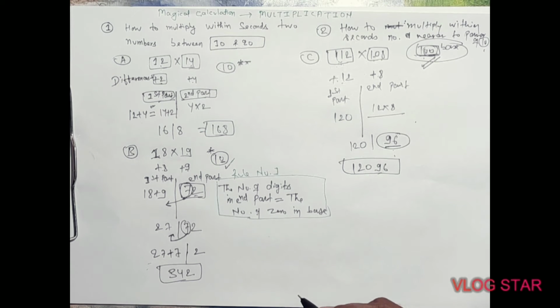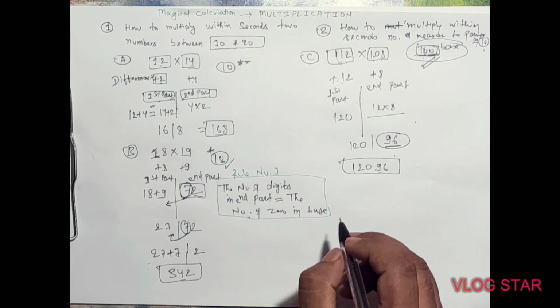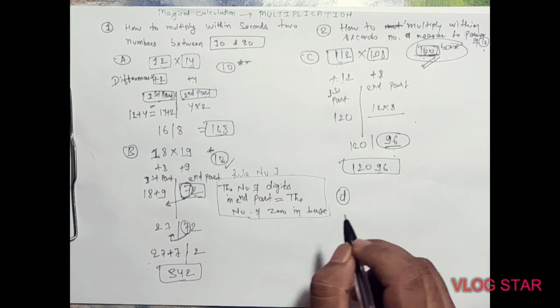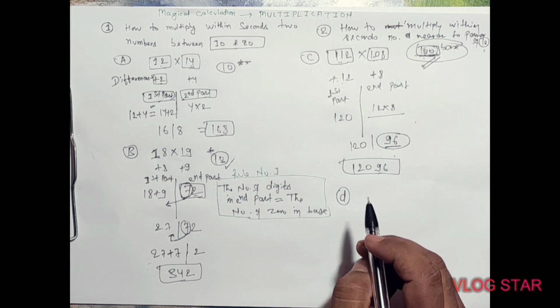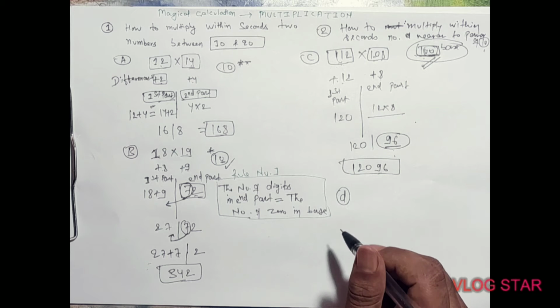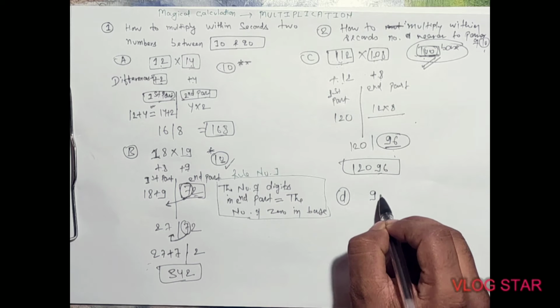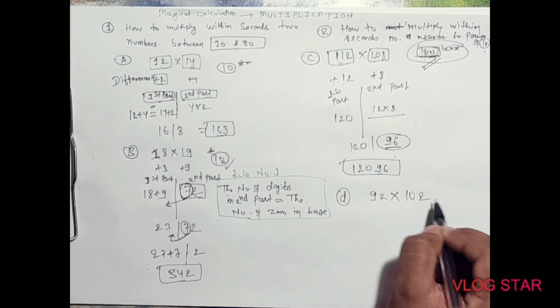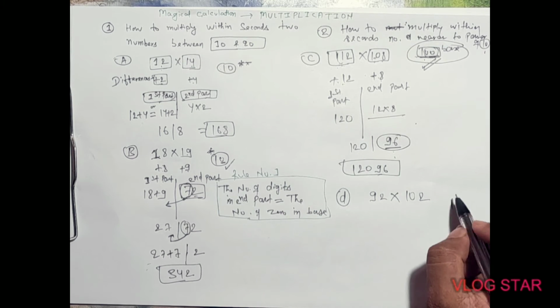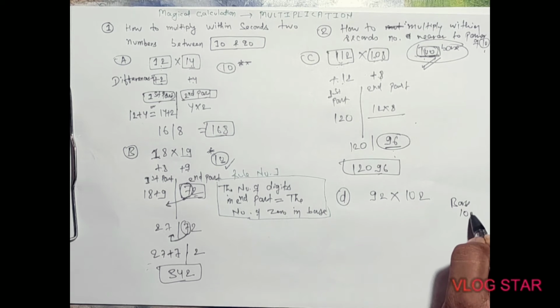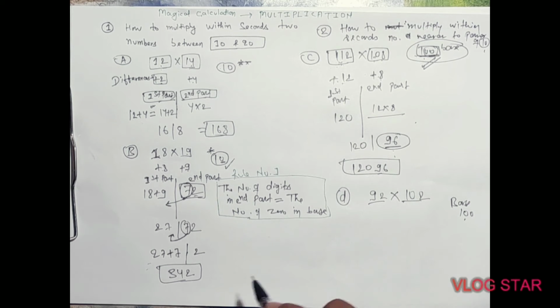Now see another example. Suppose what if one number is less than 100 and another number is greater than 100? Like 92 and 108. Here also our base will be 100, because these two numbers are nearer to 100.